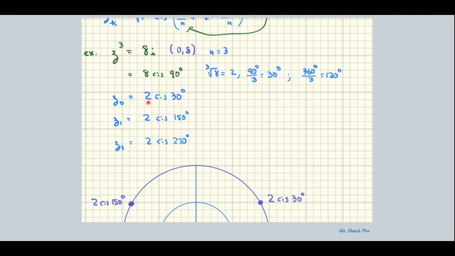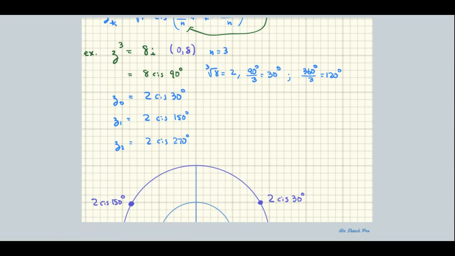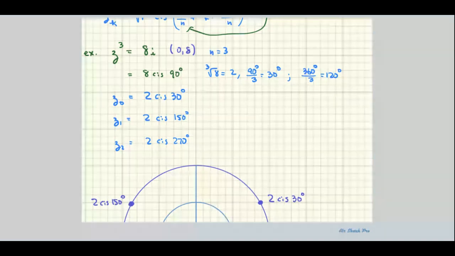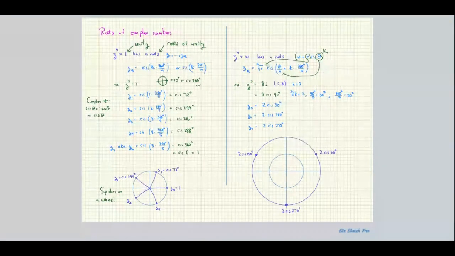But you get this just by finding a first solution, adding in 1/3, adding in another third. If you added another third in, another 120, you'd find yourself right back to where we started at z0, because we'll end up with 390, right? And 390 is the same thing as 30 because of periodicity.